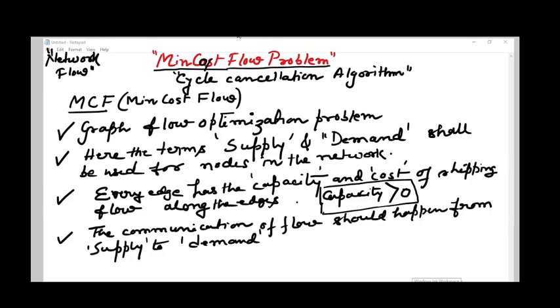That means from supply nodes to demand nodes.